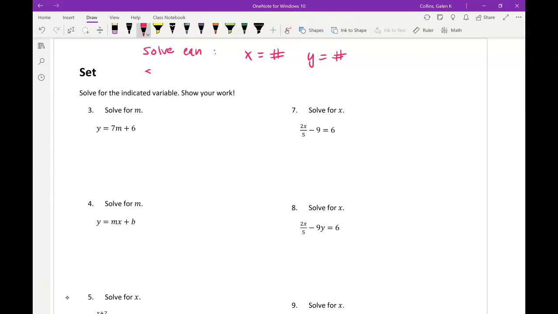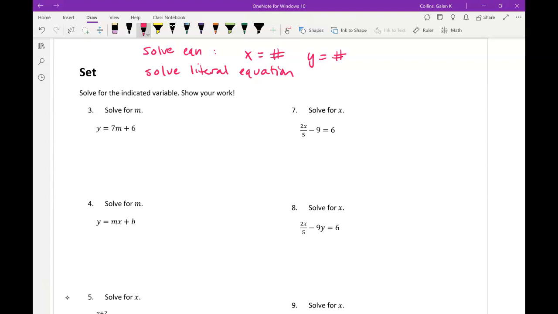But when we solve a literal equation, and when I was your age, sometimes even now, I think that vocabulary of like, why do we call this a literal equation? That always was confusing to me.